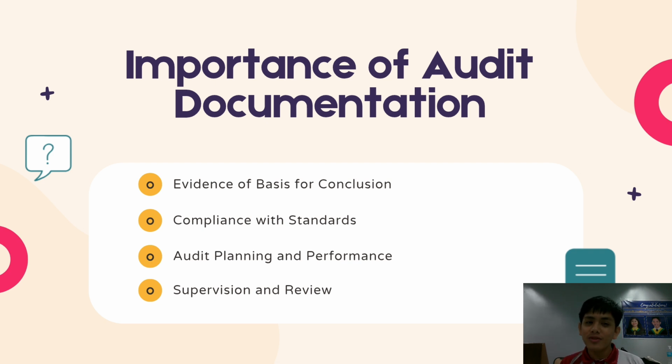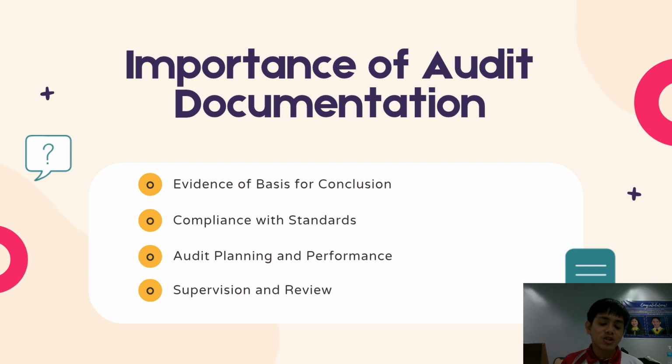Next, we also have audit planning and performance. Audit documentation should include what was planned for the audit and how those procedures were carried out. This includes the audit strategy that you need to create, the audit programs, the risk assessments, and the procedures designed to address the risks.